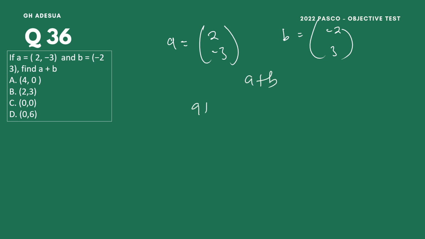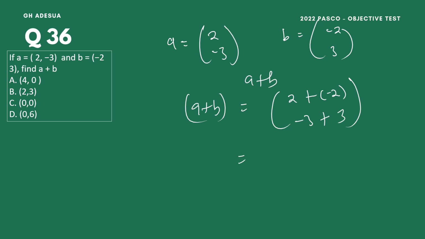So A plus B would be 2 plus -2, and we have -3 plus 3. We know that 2 plus -2 is going to be 2 minus 2, which is 0, and then -3 plus 3 is going to give us 0.